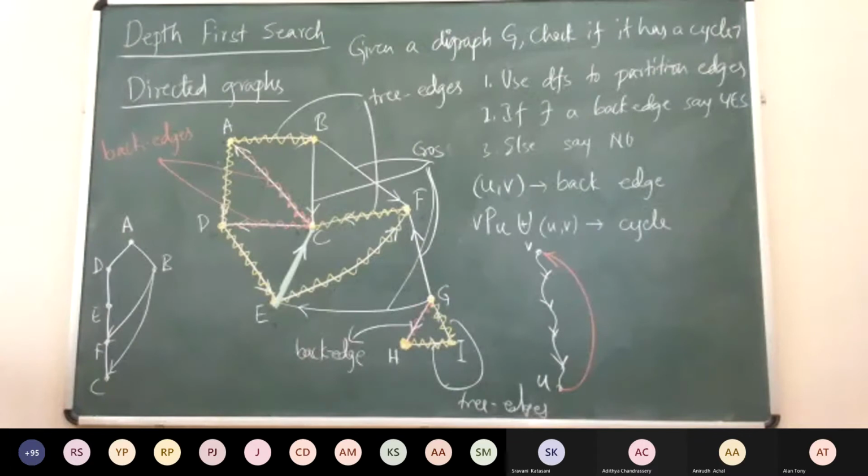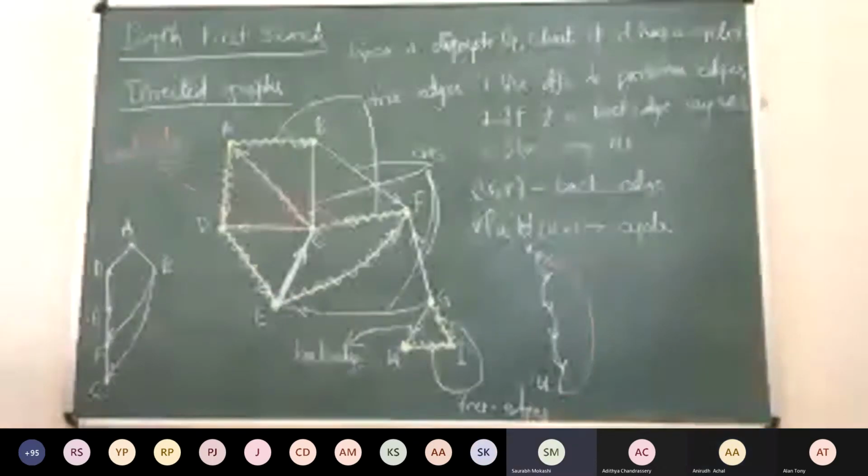Can we say that they can't contribute to any cycle at all? They will contribute, sir. You can give examples of cross edges where they do contribute. Doesn't that depend on the direction also?